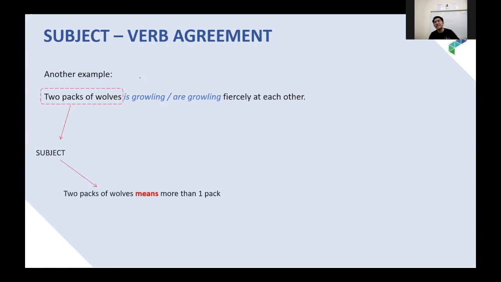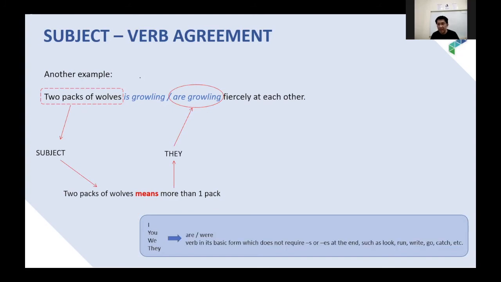And here it clearly says 2 packs of wolves, not 1 pack. It's already more than 1 pack. So 2 packs is plural. Therefore, we can replace that with they. And the answer would be are growling. Are growling, because for I, you, we, they, we choose are or were. In this case, are.